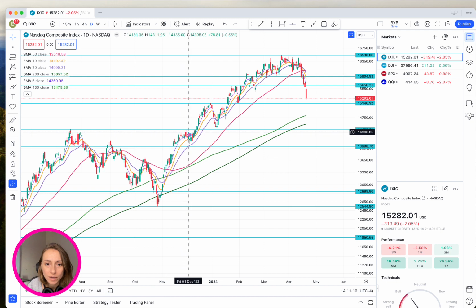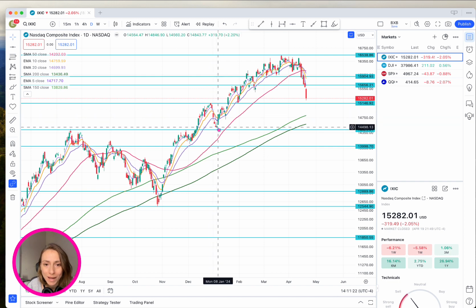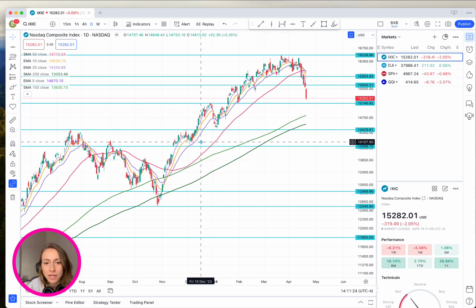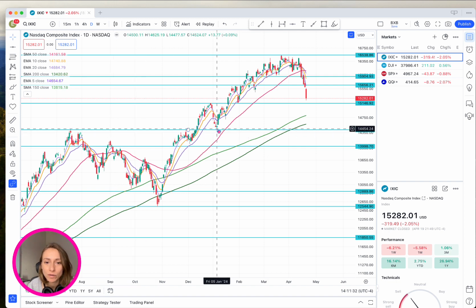It was rejected there, came back down, then finally went through, but you'll see here it pulled back again to that same area. So while these lines will not be exact, they do serve as an awareness point. If your price is coming near one of those lines, just have that simple awareness that it may reject in that area.